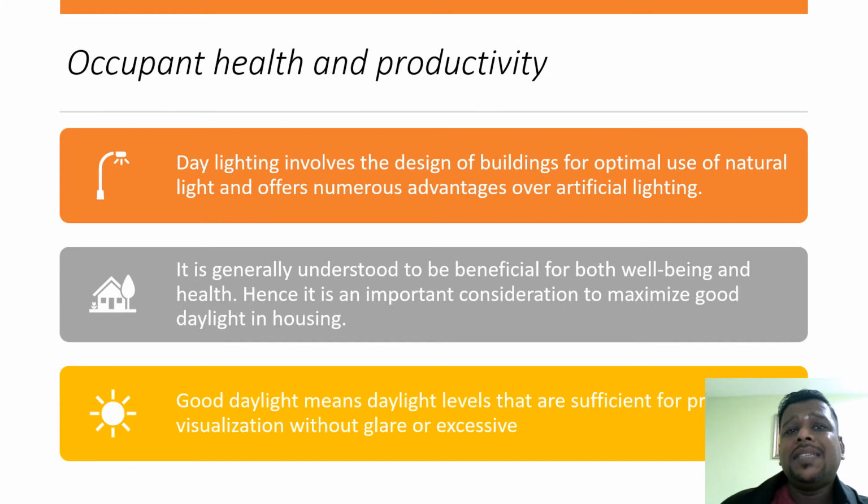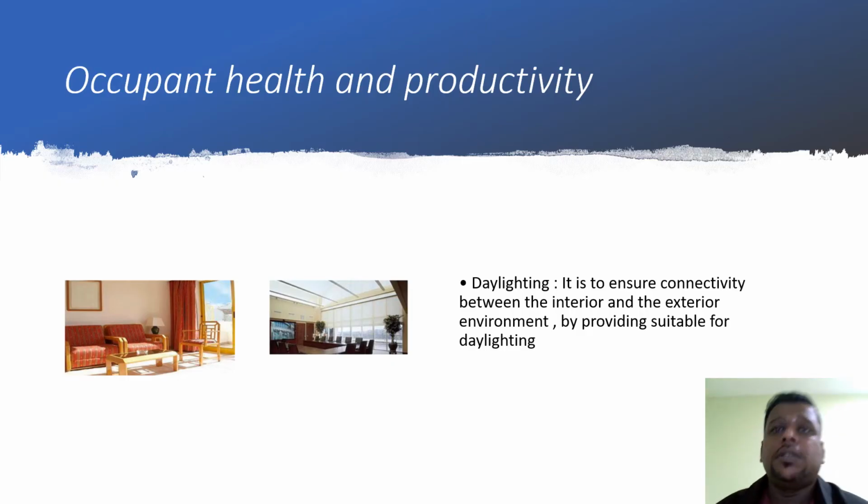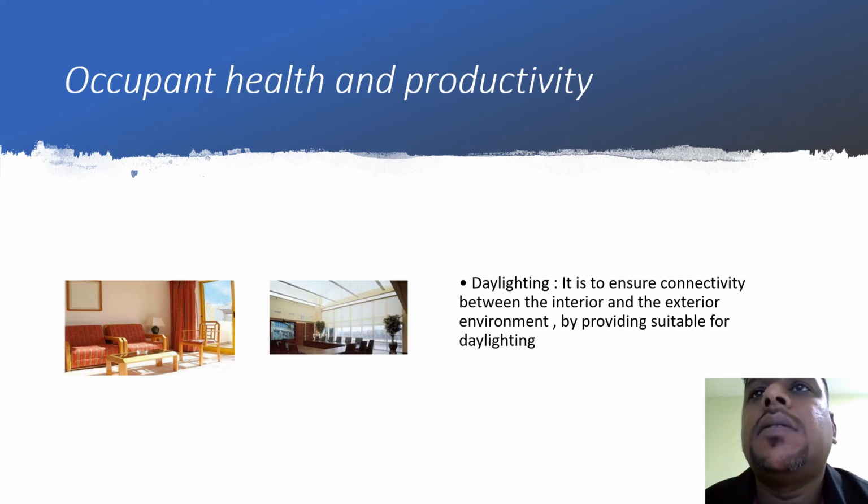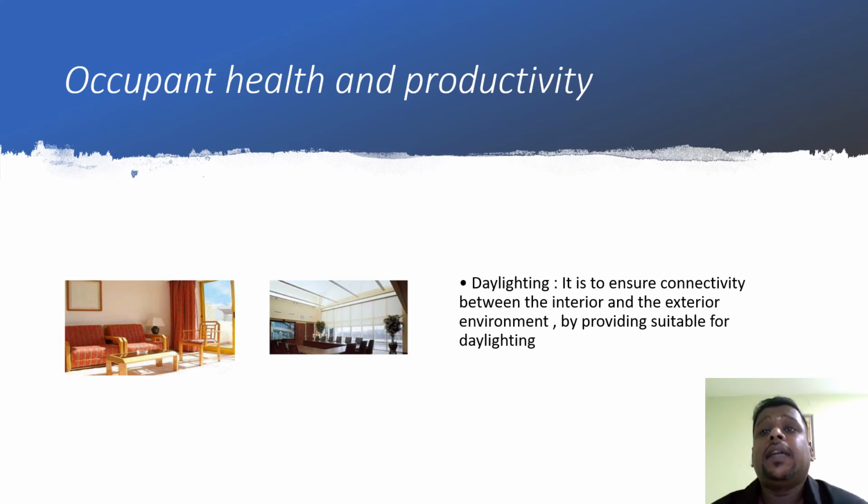Good daylight means daylight levels that are sufficient for proper visualization without glare or excess. So daylighting is to ensure the connectivity between the interior and exterior environment by providing suitable daylighting.